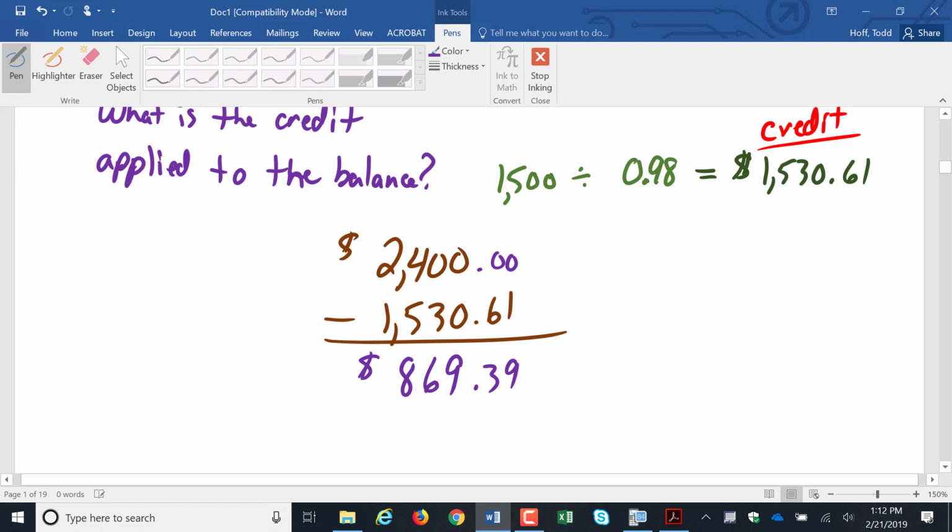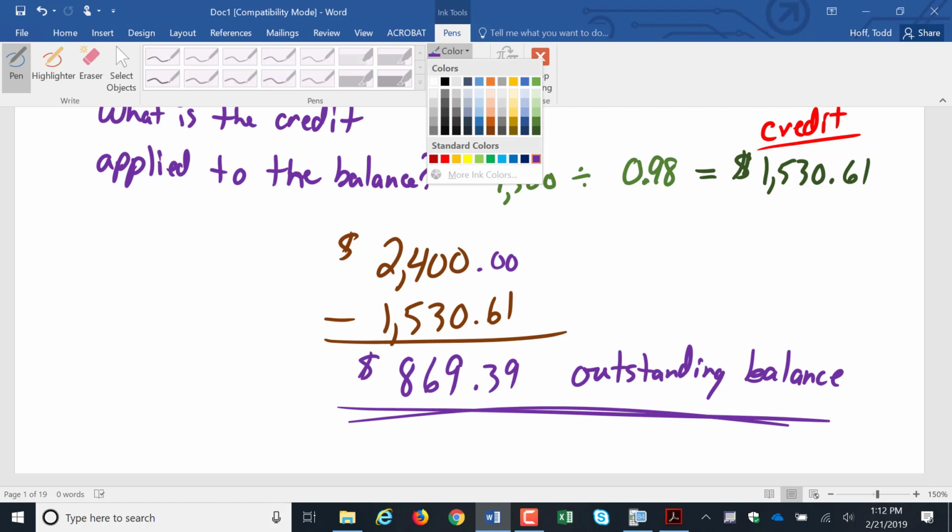You can think of it as the balance due, or sometimes referred to as the outstanding balance. So that's the balance that still needs to be paid before the end of that credit period.